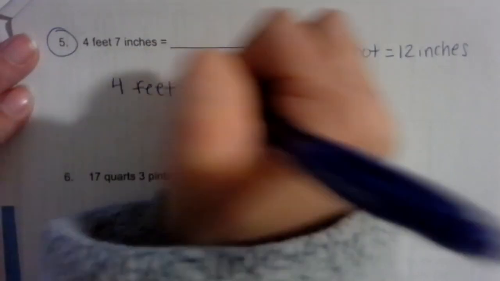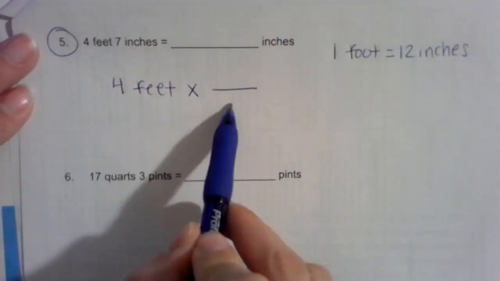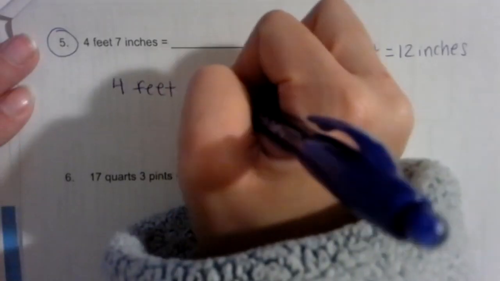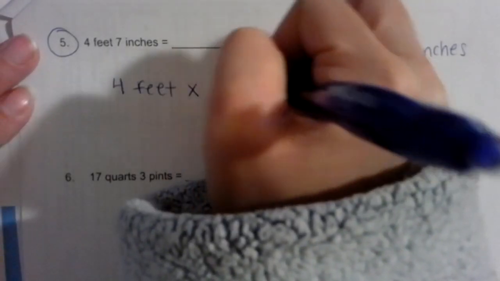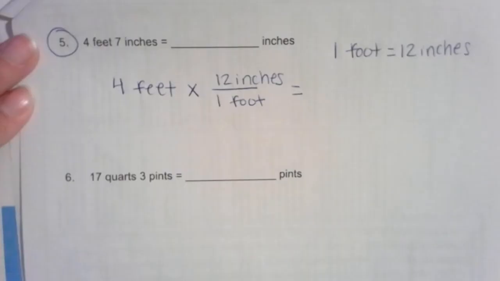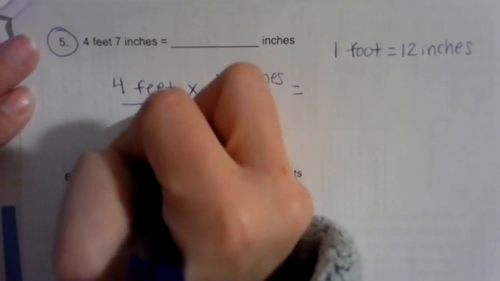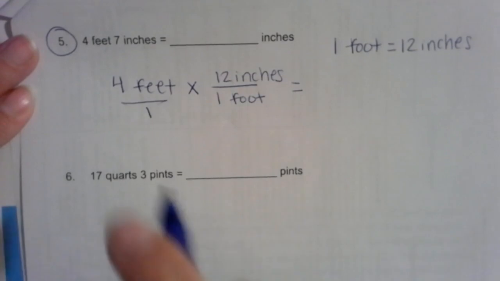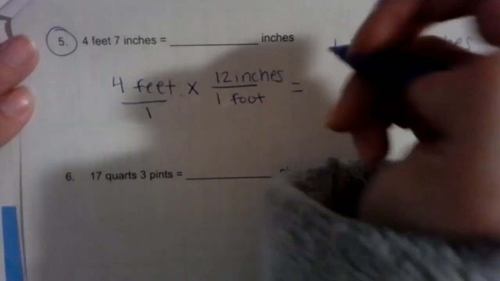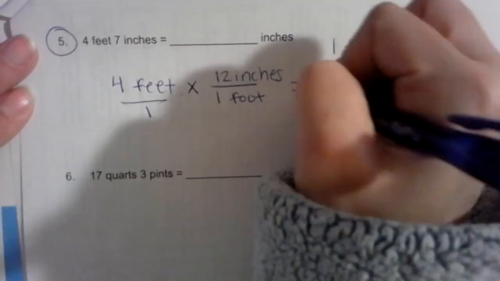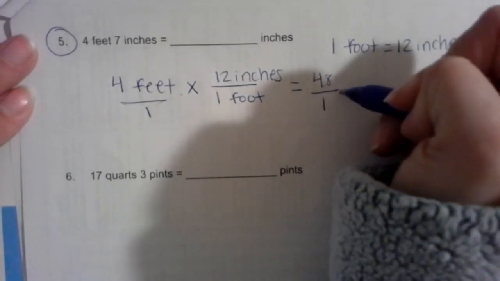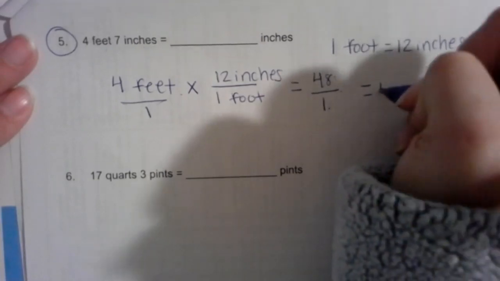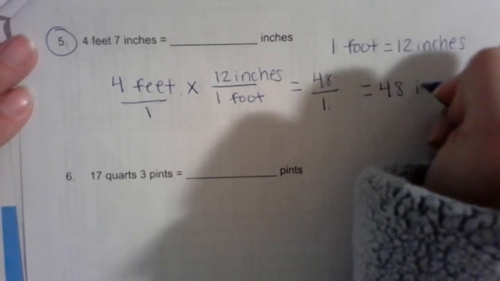Four feet, set up my conversion, times the unit that I start with is going to go on the bottom, so 1 foot on the bottom, 12 inches on the top. Again, put it over 1 so that I can multiply straight across. 4 times 12 is 48. 1 times 1 is 1. 48 divided by 1 is 48 inches.